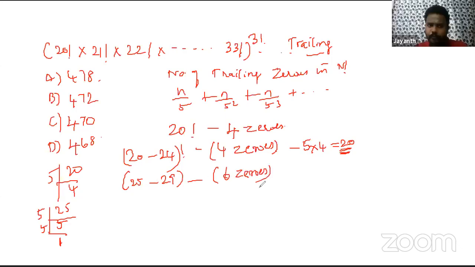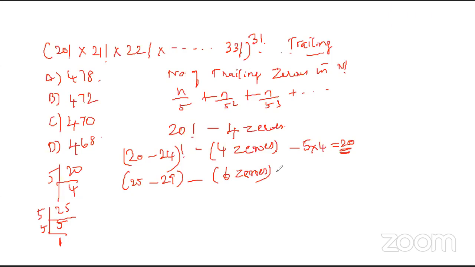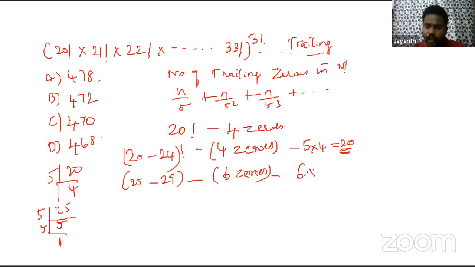So from 25 to 29 we have 6 zeros. How many numbers? 25, 26, 27, 28, 29. We have 5 numbers, each with 6 zeros, so 5 sixes, which is 30 trailing zeros.